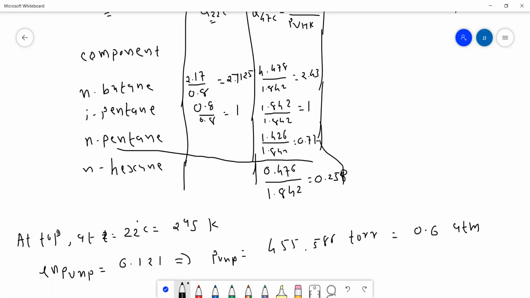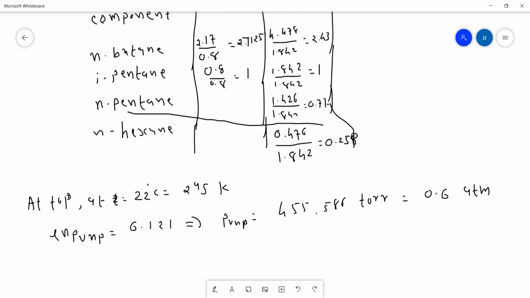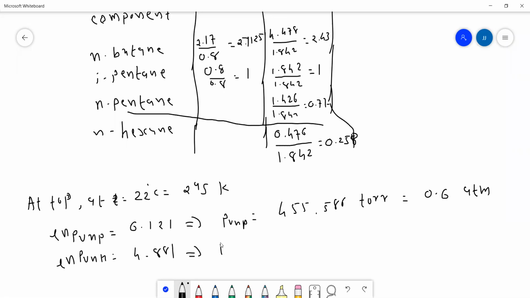And we also get ln of the vapor pressure of n-hexane equal to 4.881. This implies that PV of n-hexane is equal to 131.73 torr, which is equal to 0.173 atmosphere.